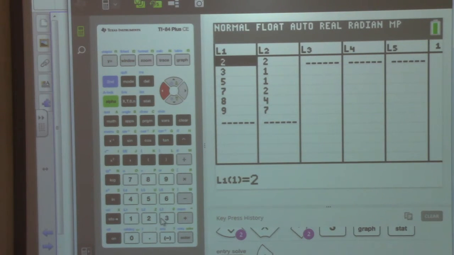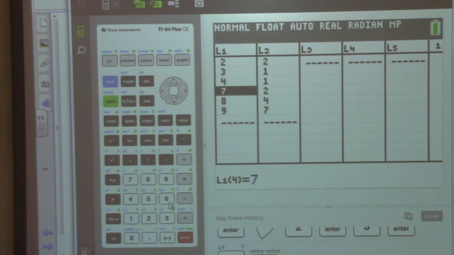So it's going to be 2, 3, 4, right? 2, 3, 4, 6, 7, 8, 9. Like that. Is that right?